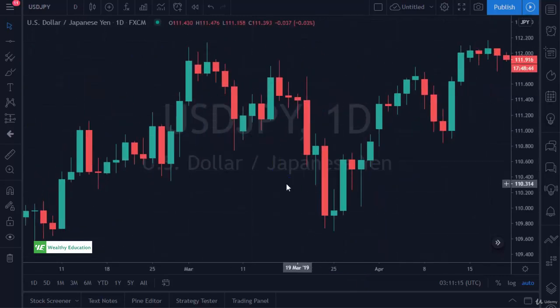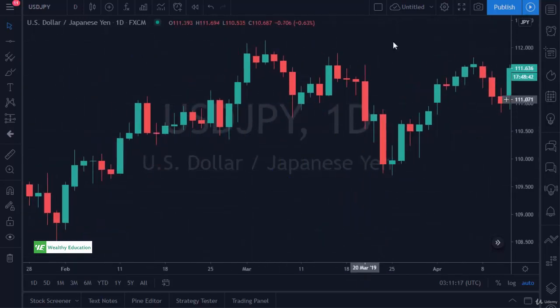So let's analyze a few. This candlestick right here is red, so we know it's negative. We know that the top shadow and the bottom shadow, that's your high and your low. And we know it's red, so that we know that the opening price is higher than the closing price.